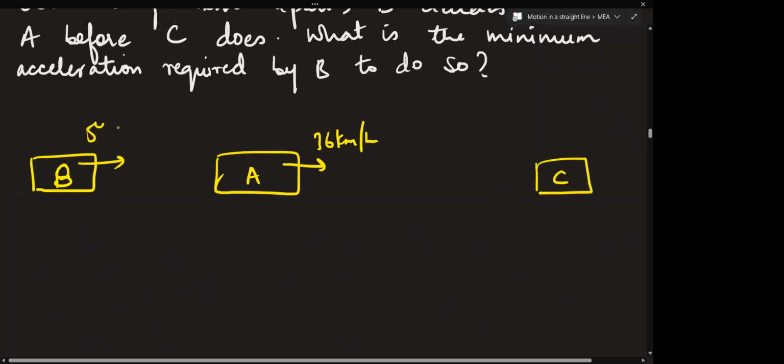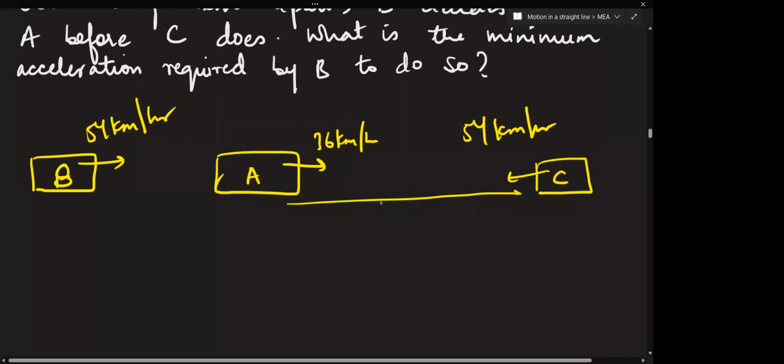Both of them have the speed 54 kilometer per hour. In opposite directions, means this is towards right, this is towards left. The separation between A and C is 1 kilometer, B and A is 1 kilometer. So as soon as the separation becomes equal, B decides to overtake it, just cross it before C can cross it. It wants to overtake it before C crosses it. So what is the minimum acceleration required?